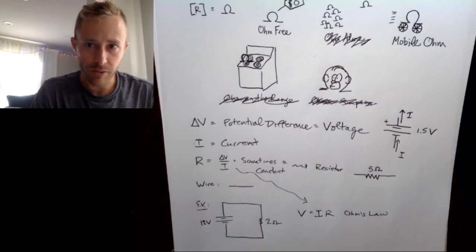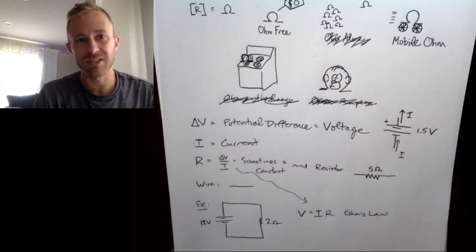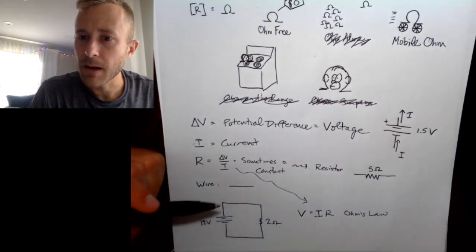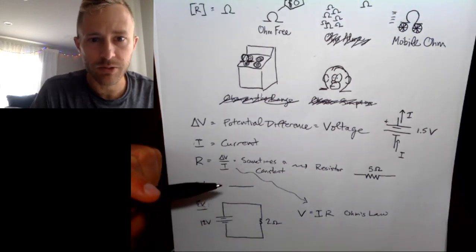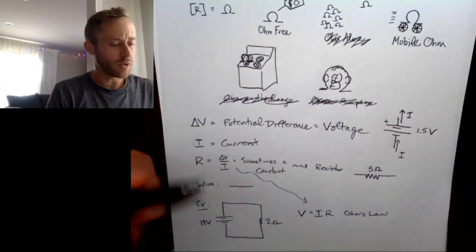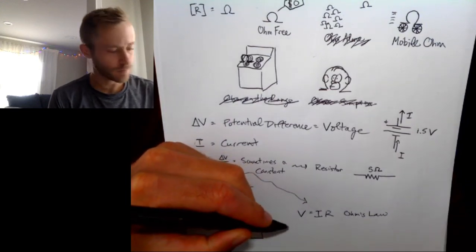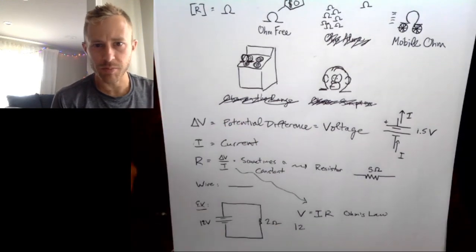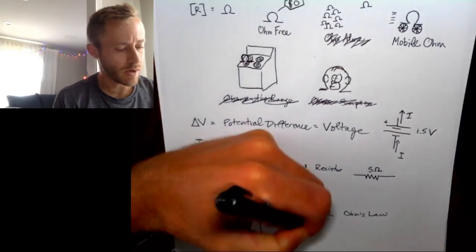Yes, there is something with zero resistance, and it's called a superconductor. Okay. Superconductors have zero resistance.